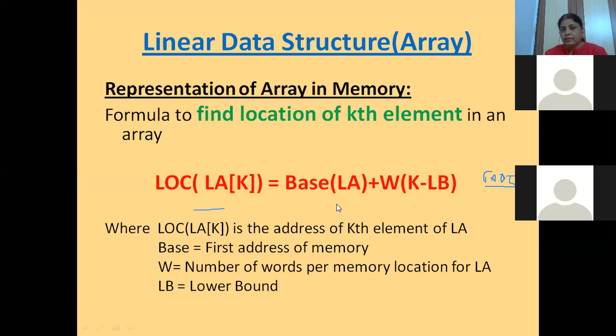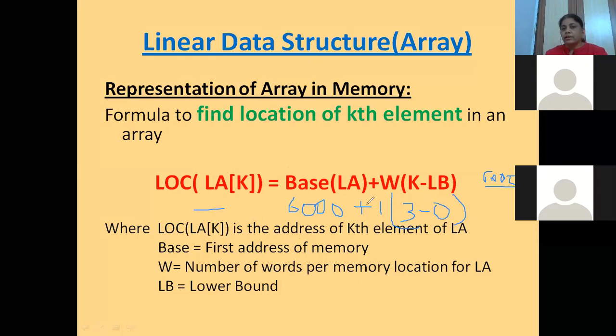तो लोकेशन क्या हो जाएगा? Can anybody tell for the third element? बेस एड्रेस कितना हो गया? Base address is 6,000. Okay. And word कितना? If you are taking character, the word is 1. देन के कितना है आपका? Kth element मैंने बोला था third element का एड्रेस बताओ, 3 minus lower bound कितना हो गया? 0, because your array starts from index value 0.